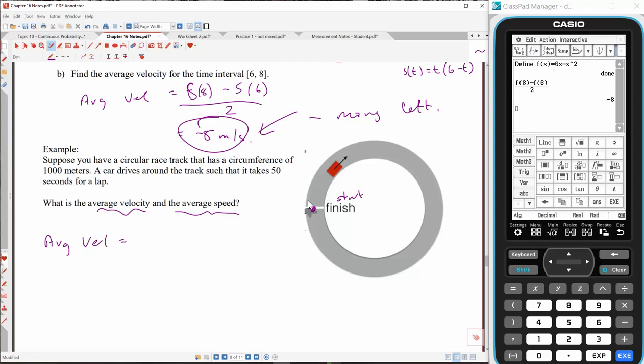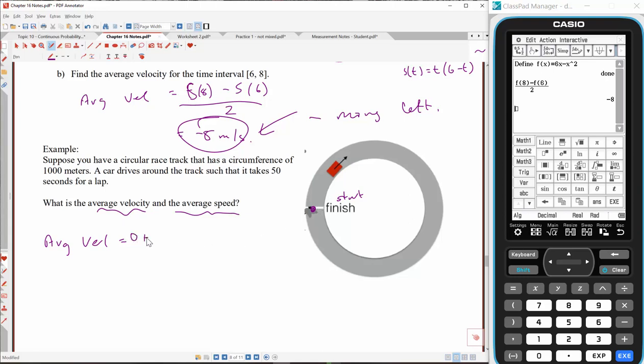It's going to be the change in position relative to time. So we're going to do 1 lap around the track. Okay, so 1,000 meters, and start there. So if it starts there, its position is at the start-finish line. That means its position is 0, and finishes there, its position is 0 as well.